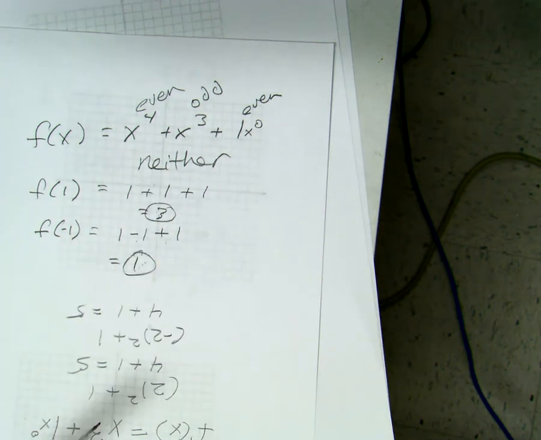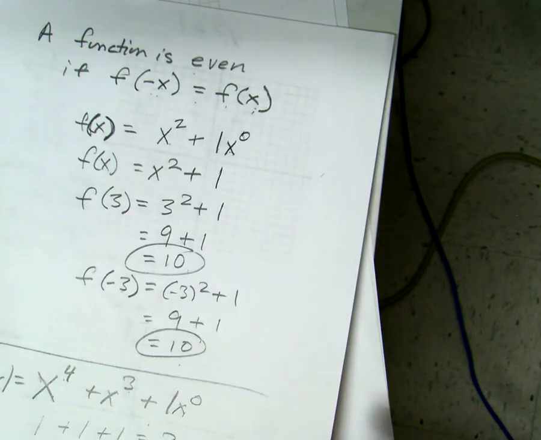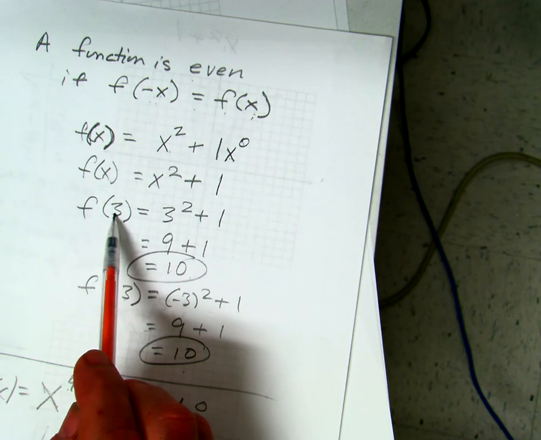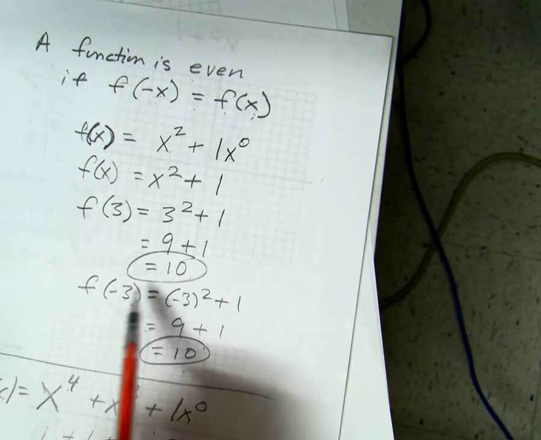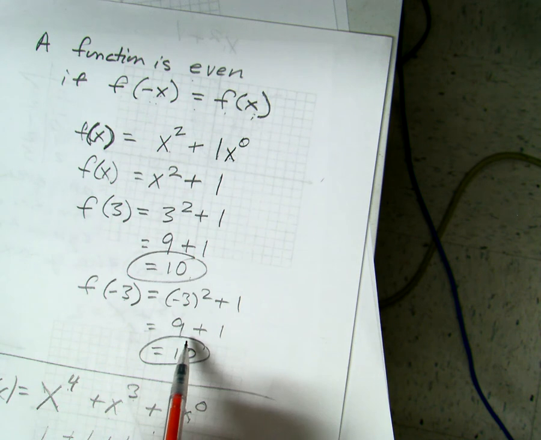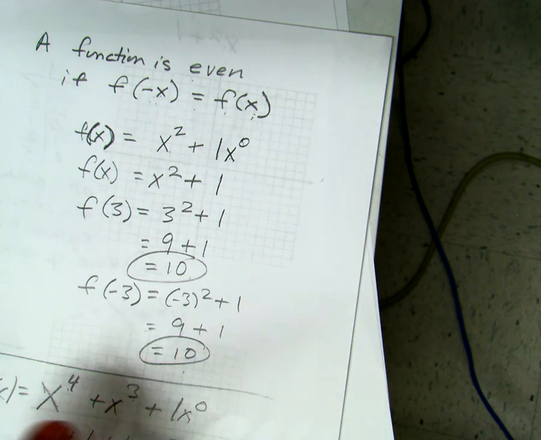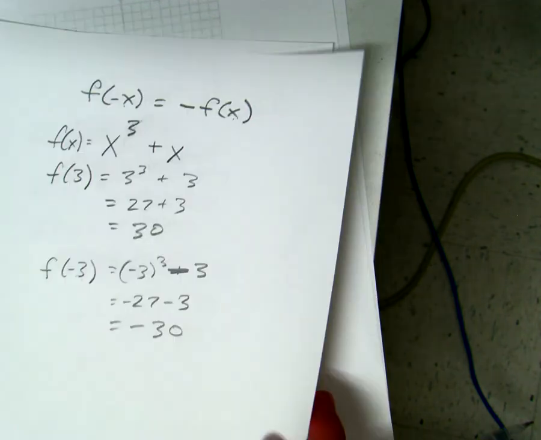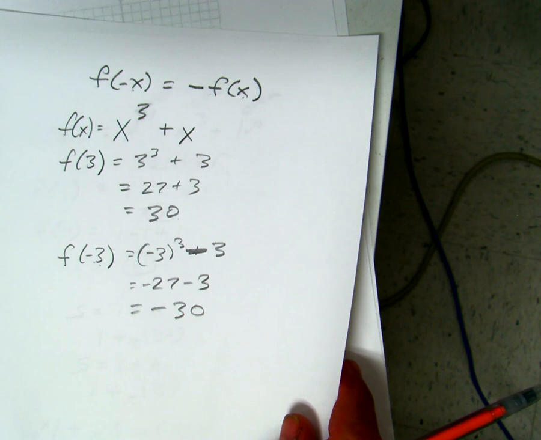Okay, so you may want to watch this video more than once to try to understand the concepts, but to sum it all up, if a function is even, you can put any input in and the opposite input, and you'll get the same answer. With odd, you can put an input in, an opposite in, and you will get the opposite answer.